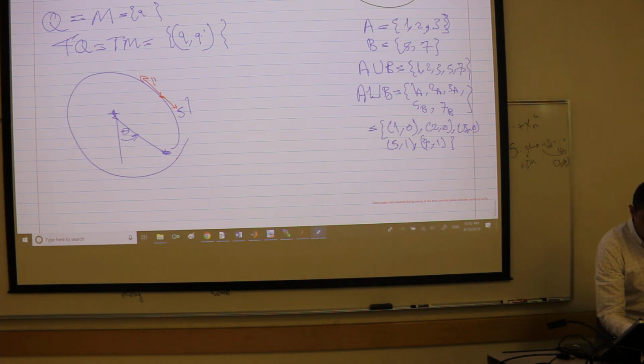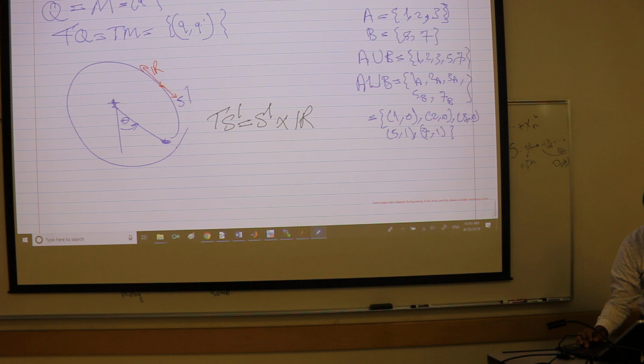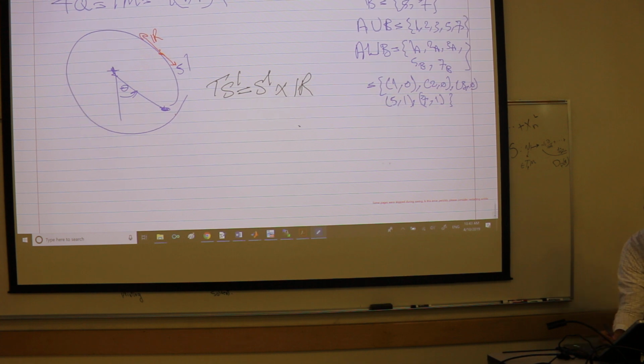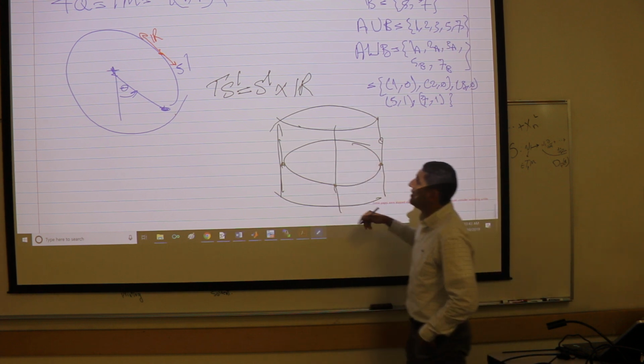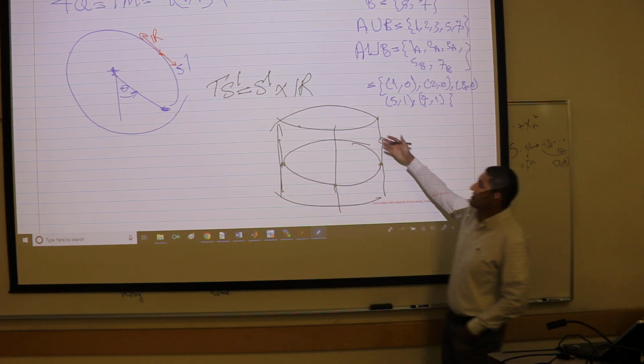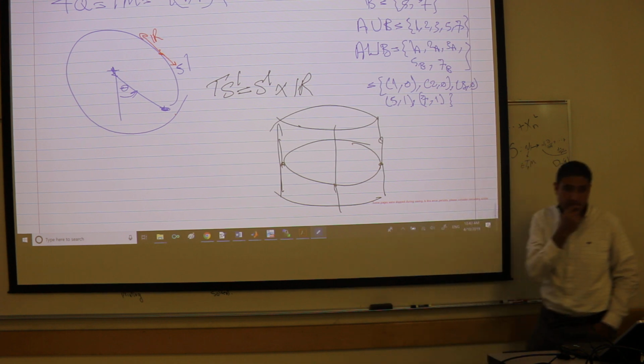So this is R. So at any point in S1, we have attainable velocities R. So TS1 in particular, TS1 is simply S1 cross R. So you have something like, at this point I can go all the way up and down. So it looks like a cylinder, right? So the configuration here is a circle, and the tangent bundle, which is the state space, is the cylinder. Any question about that?